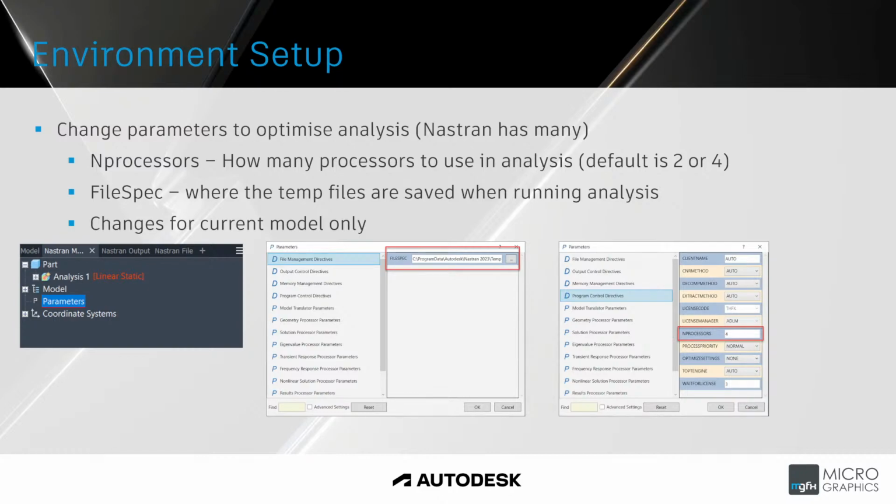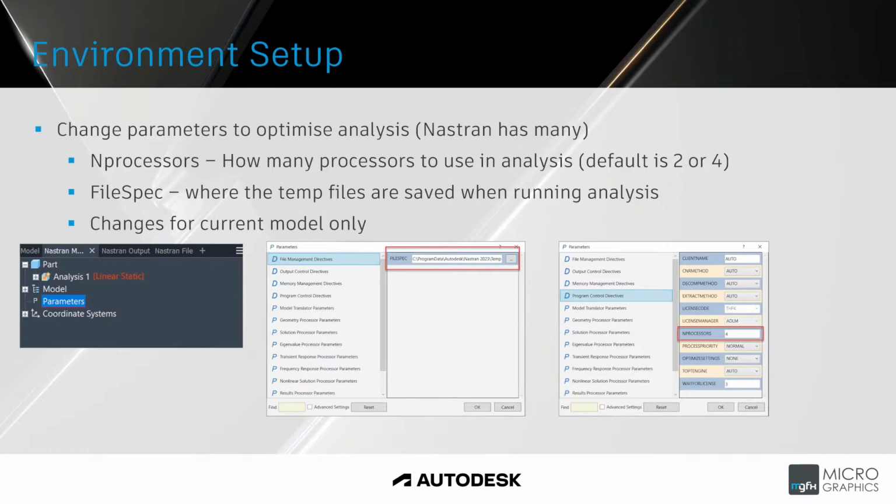And then another problem that you might encounter is when you're running the analysis, it comes to the point and says, sorry, I can't run it anymore, I've run out of disk space. Now, when Nastran runs the analysis, it writes out files to your local drive. And if you don't have enough space because it's filled up with other stuff, it can be a problem.